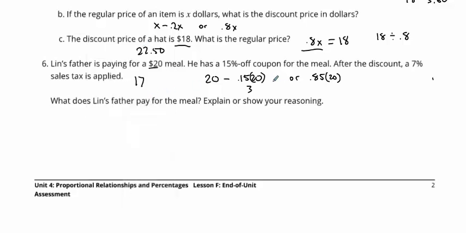All right. So now he pays $17, and after the discount, which we just did, a 7% sales tax is applied, so he actually pays the $17 plus 7% of $17. So he pays the whole amount plus 7% of the whole amount.